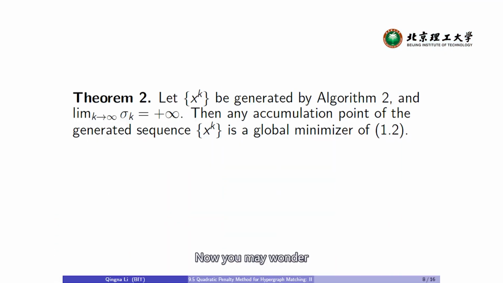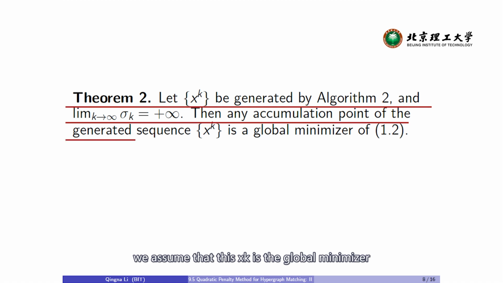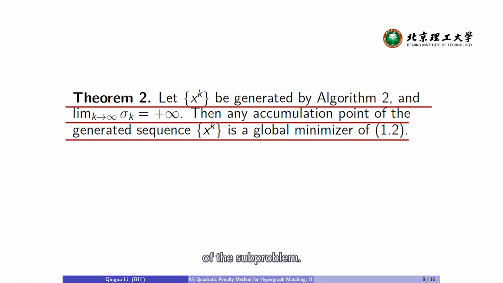Now, you may wonder, what is the convergence result? For this quadratic penalty method, we have the traditional result as we introduced before. For each xk, we assume that this xk is the global minimizer of the subproblem.